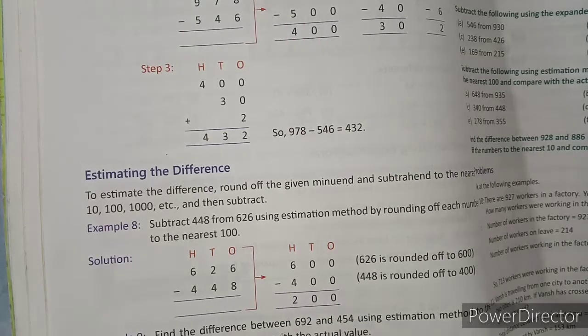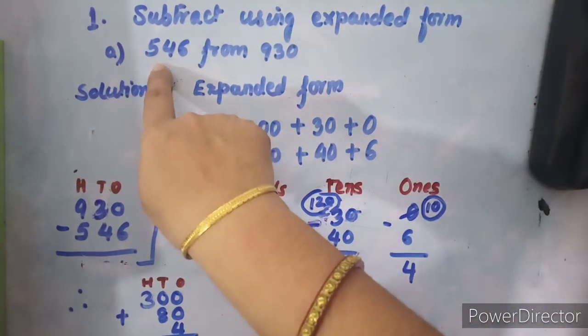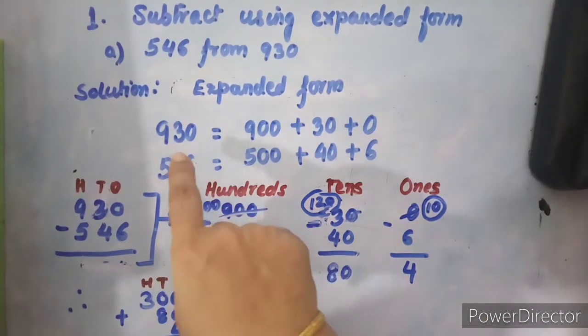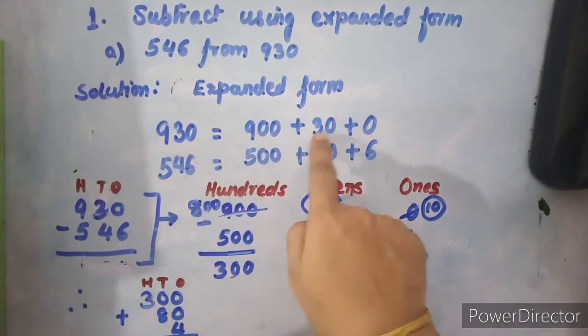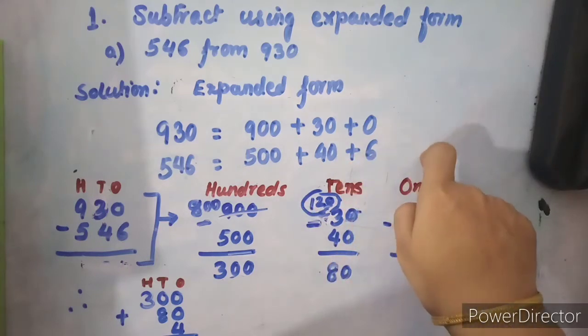Okay, now students, as you can see, our first problem is: subtract using expanded form, 546 from 930. What I did is I have written the expanded form of both the numbers. Can you see here?